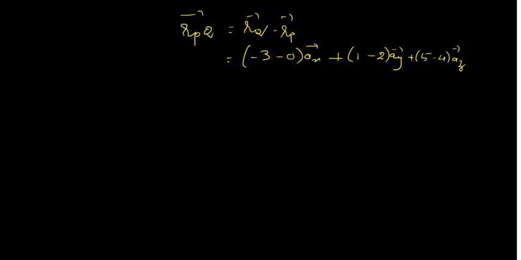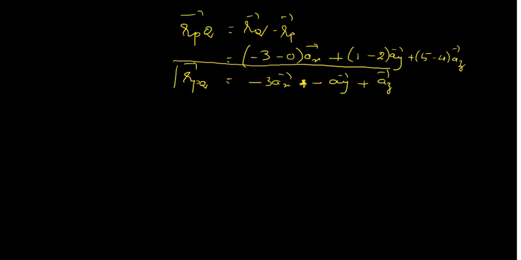So you will get minus 3 AX vector plus, 1 minus 2 is minus 1, so we can write it as minus AY vector plus AZ vector. 5 minus 4 is 1, so AZ vector. So the distance vector or PQ vector is equal to minus 3AX minus AY plus AZ vector.